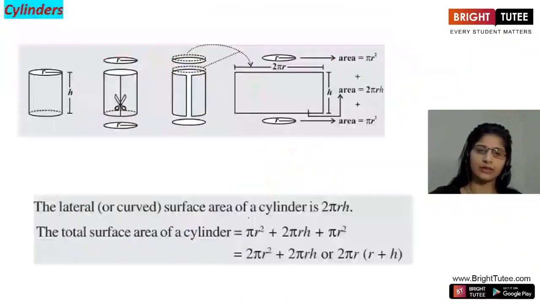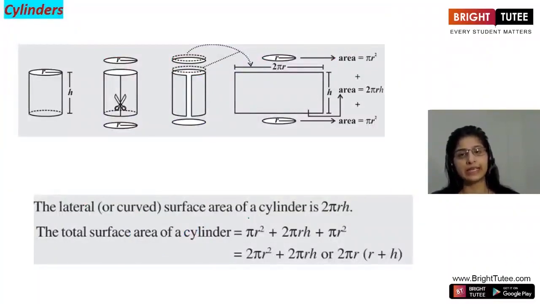Okay, so here is the cylinder. Let us talk of the cylinder. We have discussed cube and cuboid. Now we are going to discuss cylinders. So this is the cylinder, we know. What we are doing is cutting it from here. When we open this curved part, we get a rectangle.